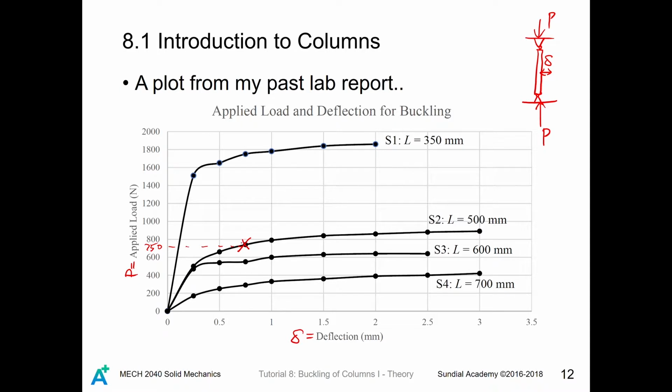And once we apply a little bit more load, say 750 to 850, then the deflection could increase very rapidly. As you can see, from here to here, the deflection suddenly increased by 2.25 millimeters.